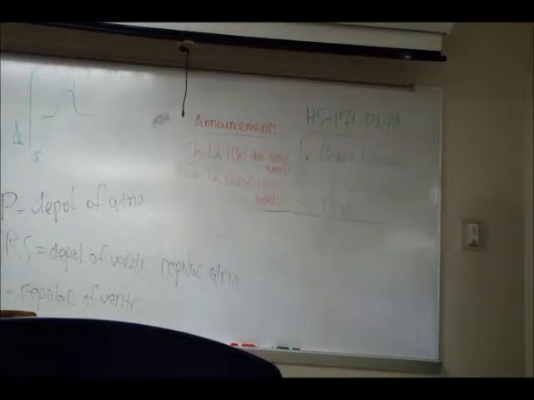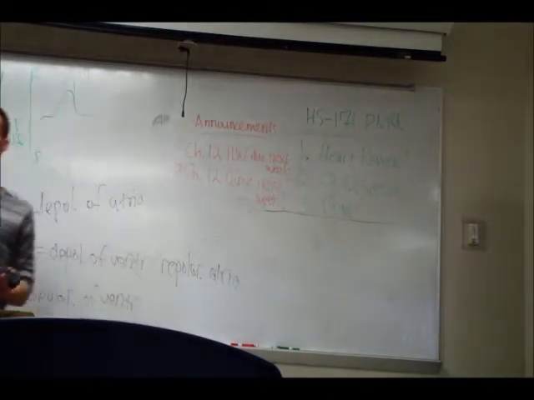Okay, so they've got too many P waves. But there are still P waves, there are just too many of them. You've got a 3-to-1 P wave to QRS ratio, okay?